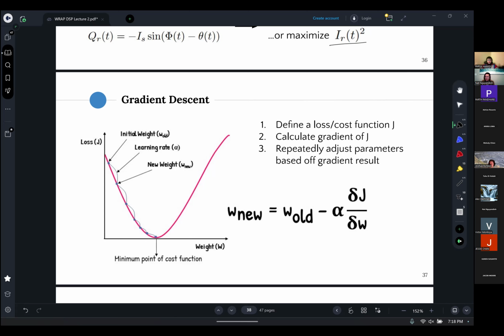In a math class like calculus, the best way to find a minimum or maximum of something is to take the derivative. Whether the derivative at a certain point is positive or negative tells you whether the function is going up or down as you move forward.